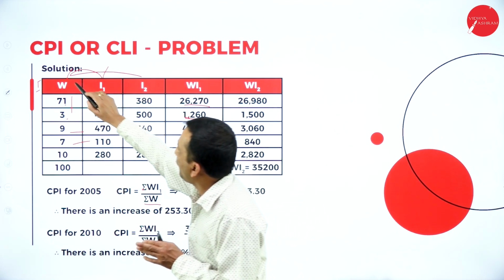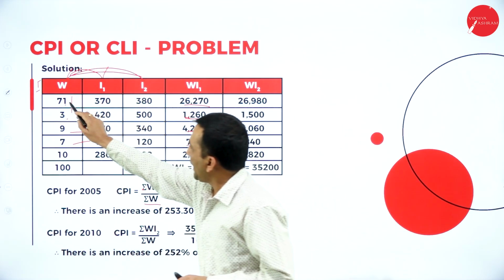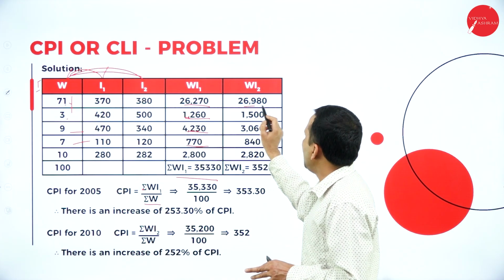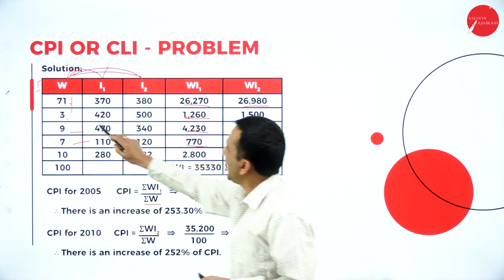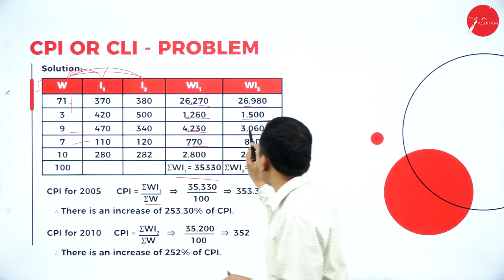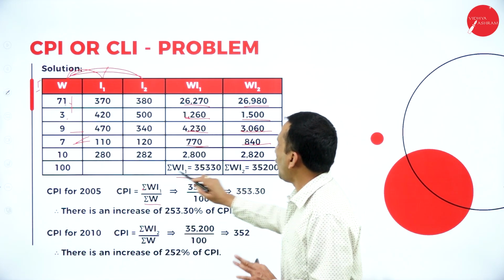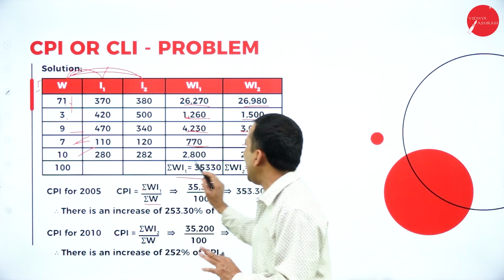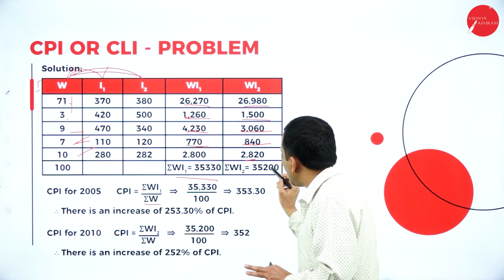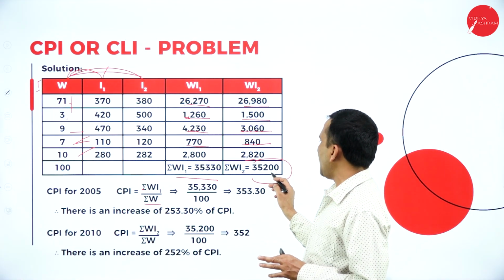Again we go for weight into index 2: 71 into 380, 26,980; 3 into 500, 1,500; 9 into 340, 3,060; 7 into 120, 840; 10 into 282. After taking this total we are getting the second index total 35,200.